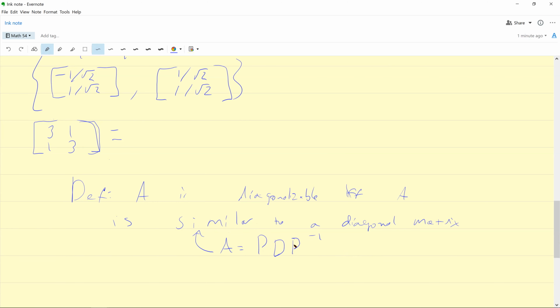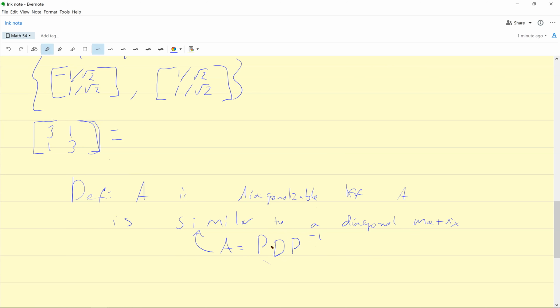So what you're doing here is going from your standard basis to some other basis using P, then taking this transformation and then going back to the standard basis. Does that make sense? Yeah, but what would P be in R?